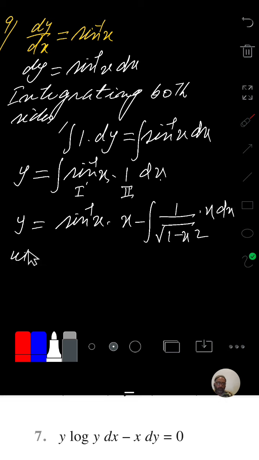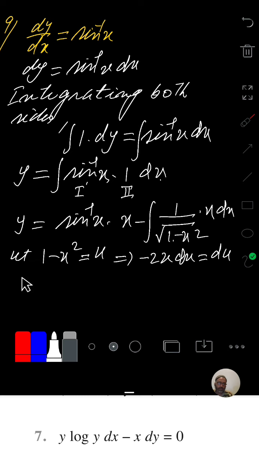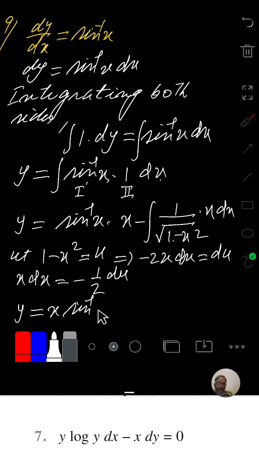Now we should assume 1 minus x square as u. So differentiating, we get minus 2x dx is equal to, transposing minus 2 to right hand side, we get x dx is equal to minus 1 upon 2 du. So this equation becomes y is equal to x sine inverse x.